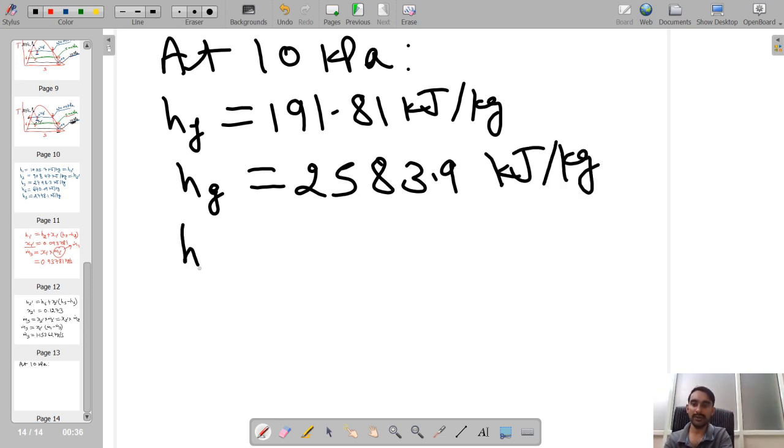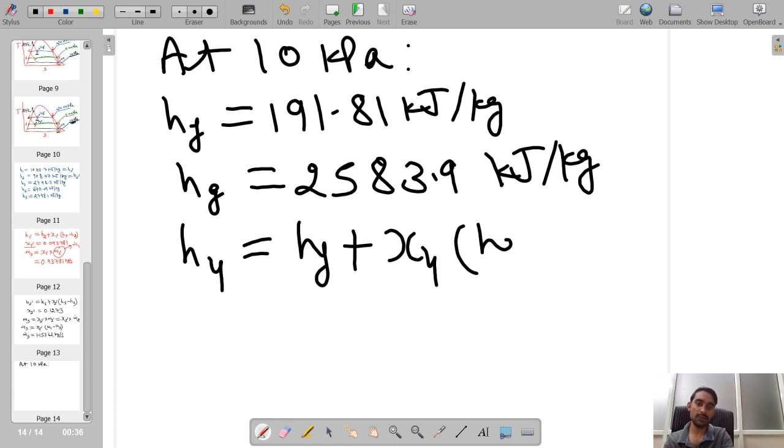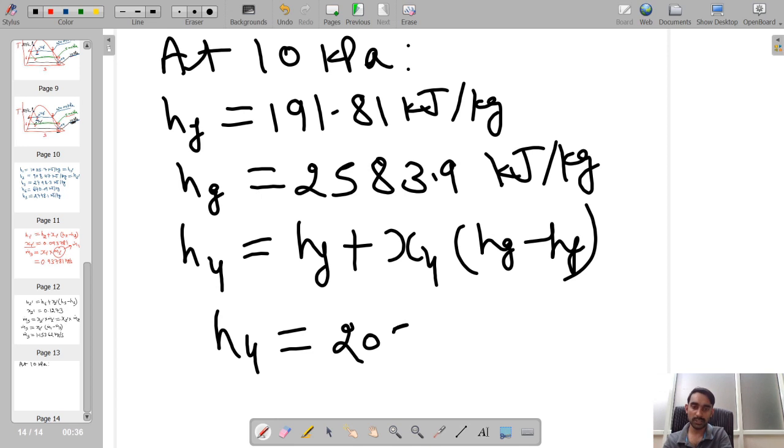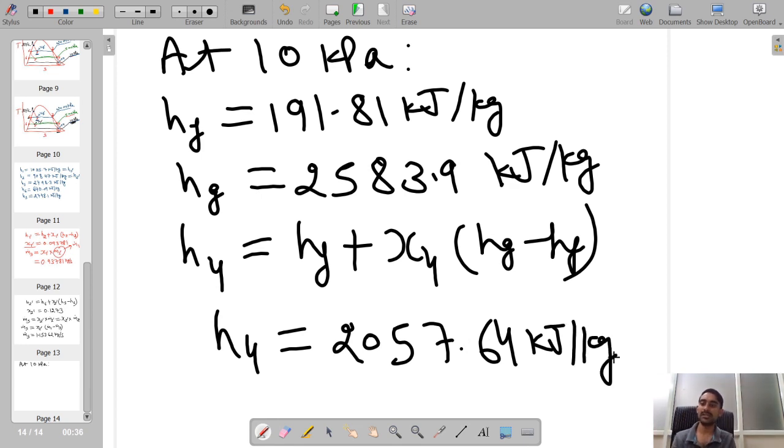And what will be our H4? That will be Hf plus X4, which is given as 78%, into (Hg minus Hf). If you apply this formulation, you will finally find that H4 is 2057.64 kilojoule per kg. So this is our H4.